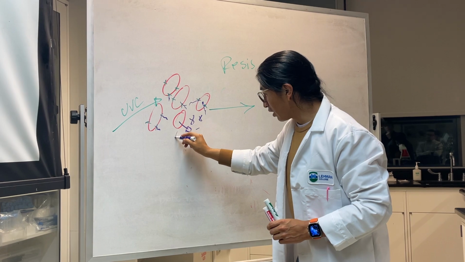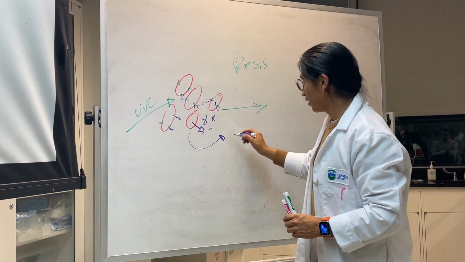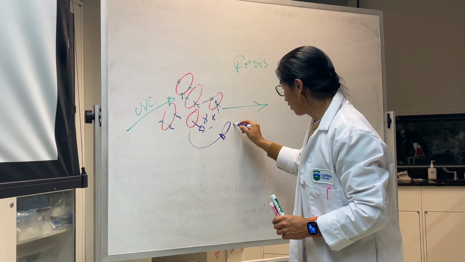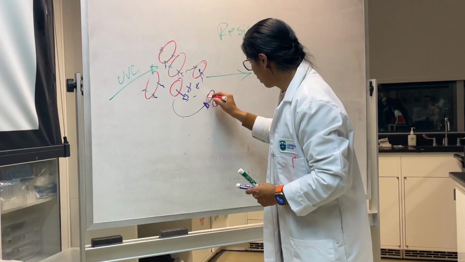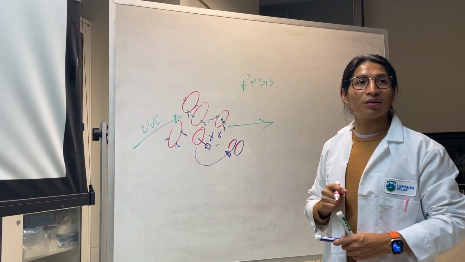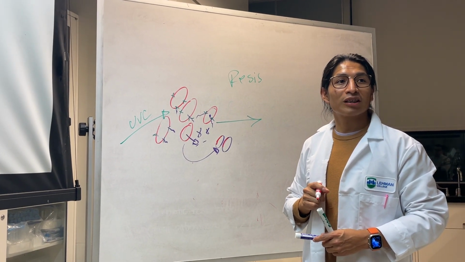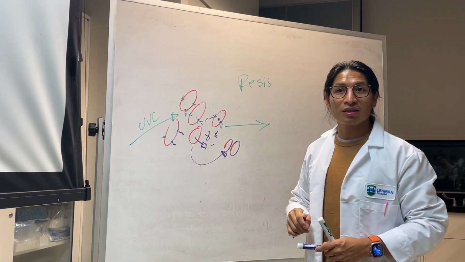Now, when the bacteria divides, the next generation will have a little bit of the new DNA on it. This generates resistance to UV light.